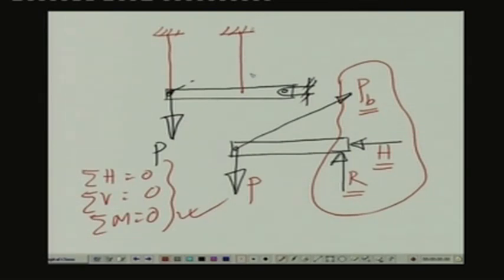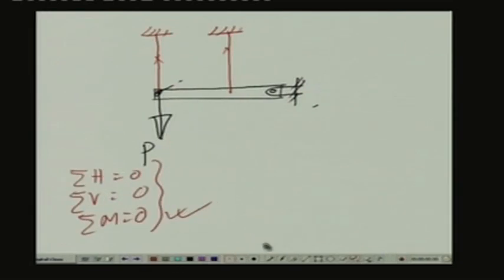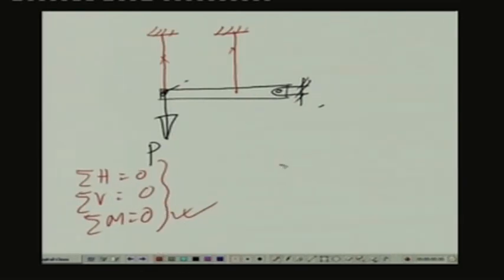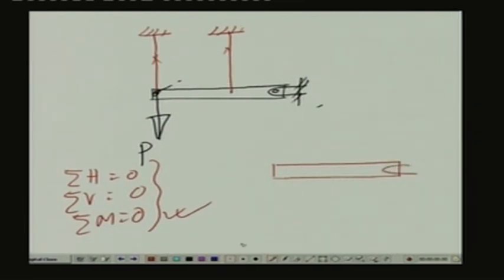Now, these rods will undergo extension because they are subjected to axial pull when this particular load will be acting. Now, if we try to plot the free body diagram of this particular system, this is the rigid bar which is pinned over here. Now, this is subjected to the reactive forces, vertical and horizontal as before. Here we have the applied load P.